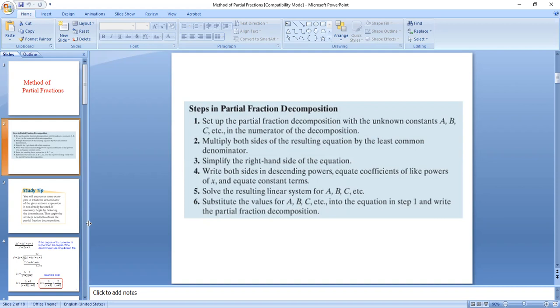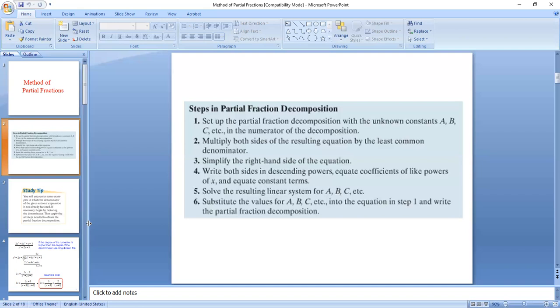Now, after you have done that, the next step is you will multiply the equation which you have set up, that includes the partial fraction decompositions, by the least common denominator. The least common denominator is the denominator of your original fraction in the given integral.